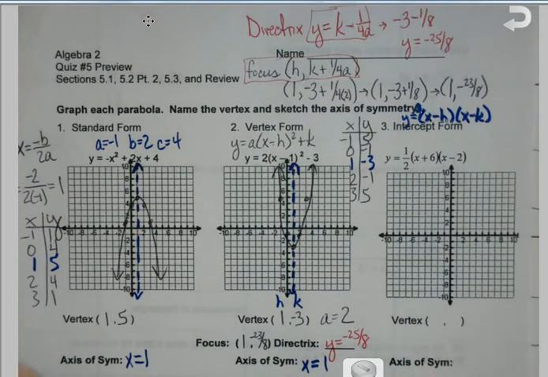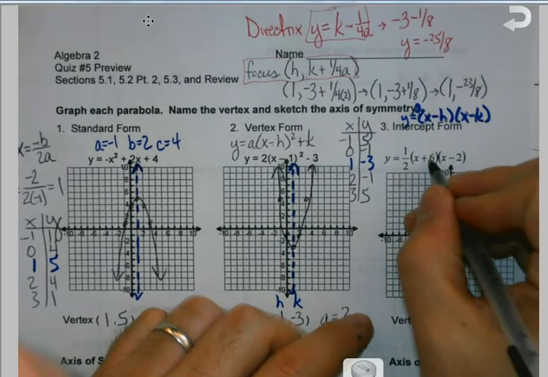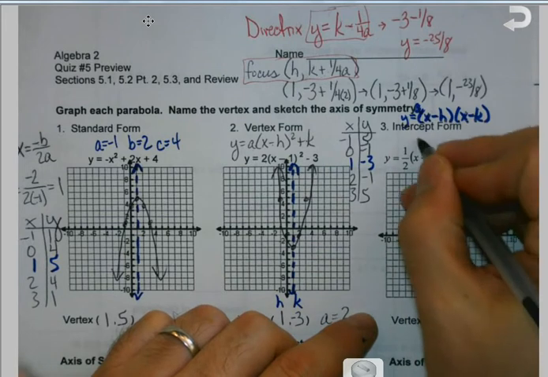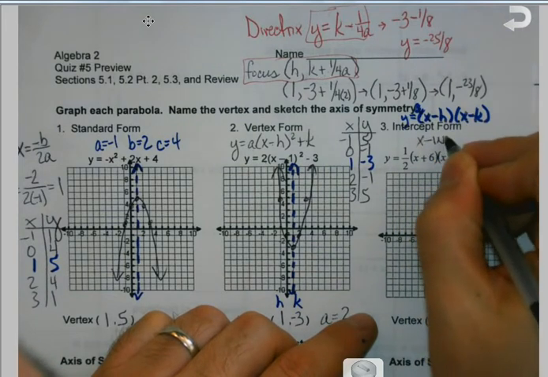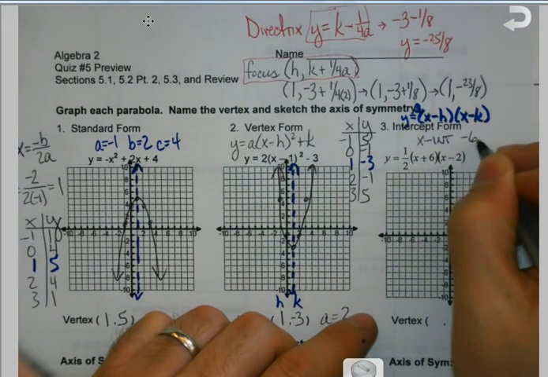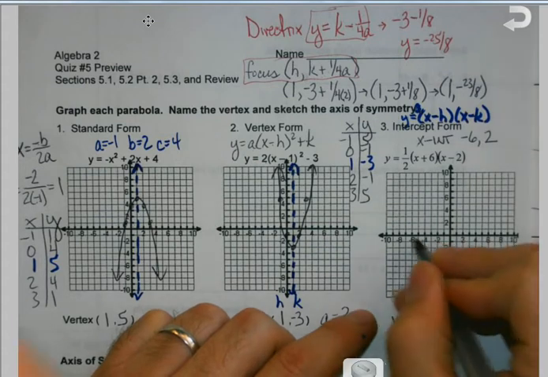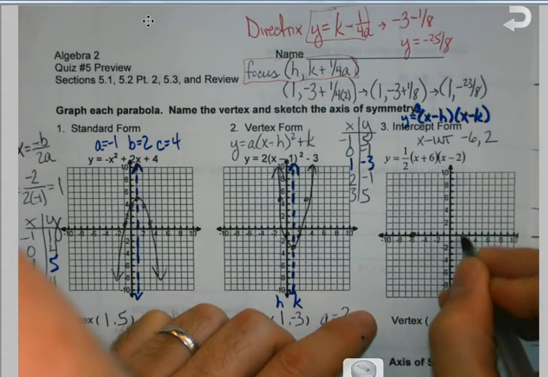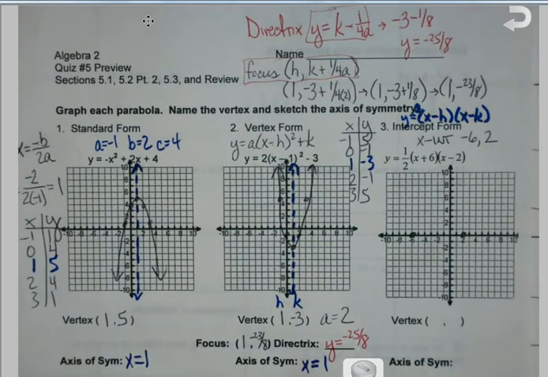But again, it's on your formula sheet. So I take the opposites of both of these for my x-intercepts. So my x-intercepts are at -6 and +2. So I'll put those dots in. You're like, that doesn't tell me the vertex though.